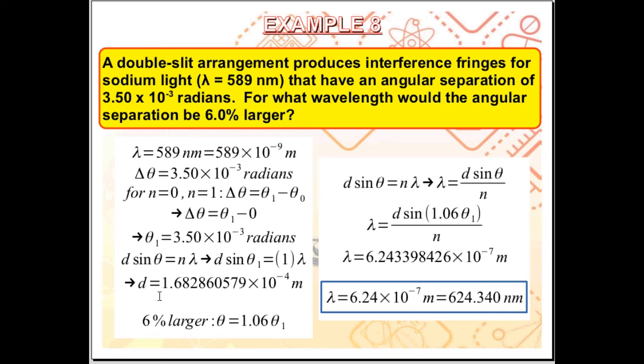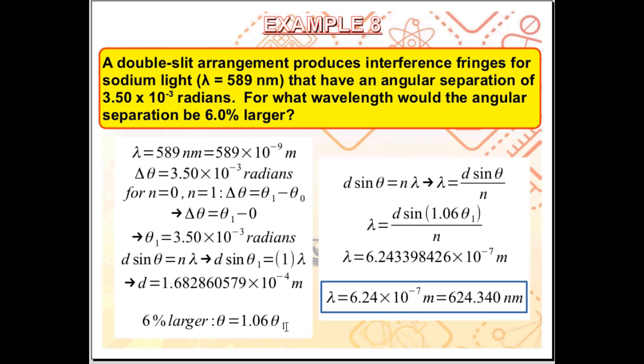If we now replace the sodium light with another light of a different wavelength, we'll still be using the same double slit. That means we'll still be using this value of the slit-to-slit distance. But this time, the angular separation will be 6% larger. So theta now will be equal to 1.06 times theta 1, meaning theta is 6% larger than theta 1.